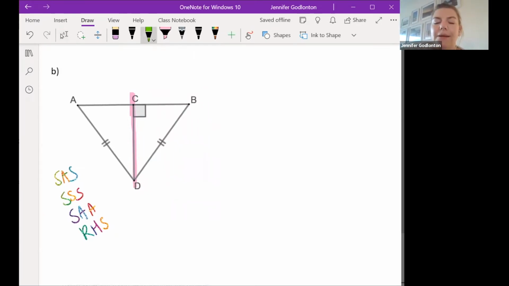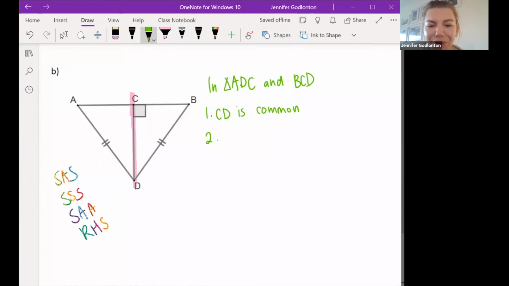Okay. In triangle ADC and triangle BCD, CD is common. And then BD is equal to AD because it's given. Oh, slow down. Okay, cool. I've got 3. Well, I gave C numbers.